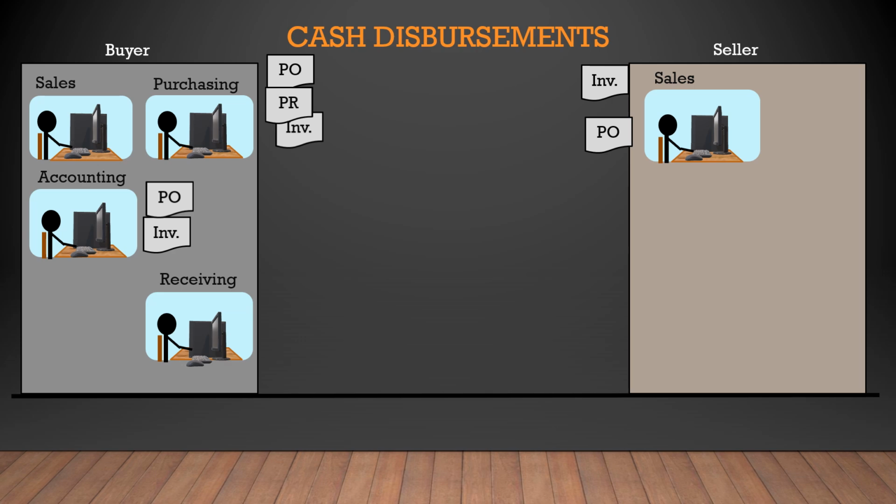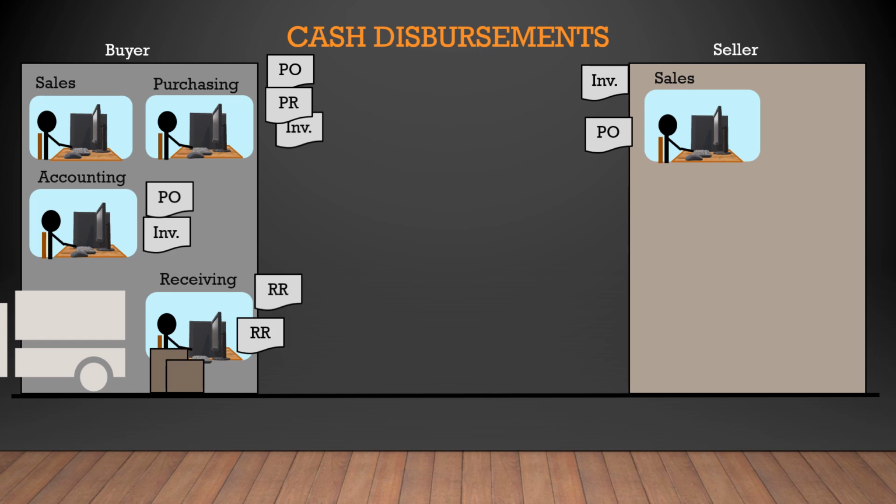Eventually, the item will be shipped to the buying company's receiving department. With the delivery, the item will include a receiving report that details what items are contained within the shipment. Receiving will then make a copy of the receiving report and send it to accounting.